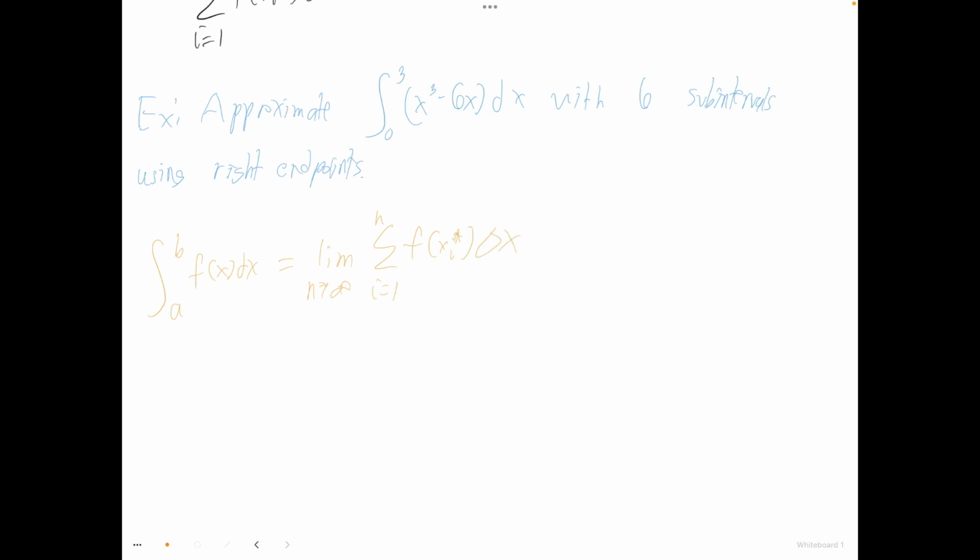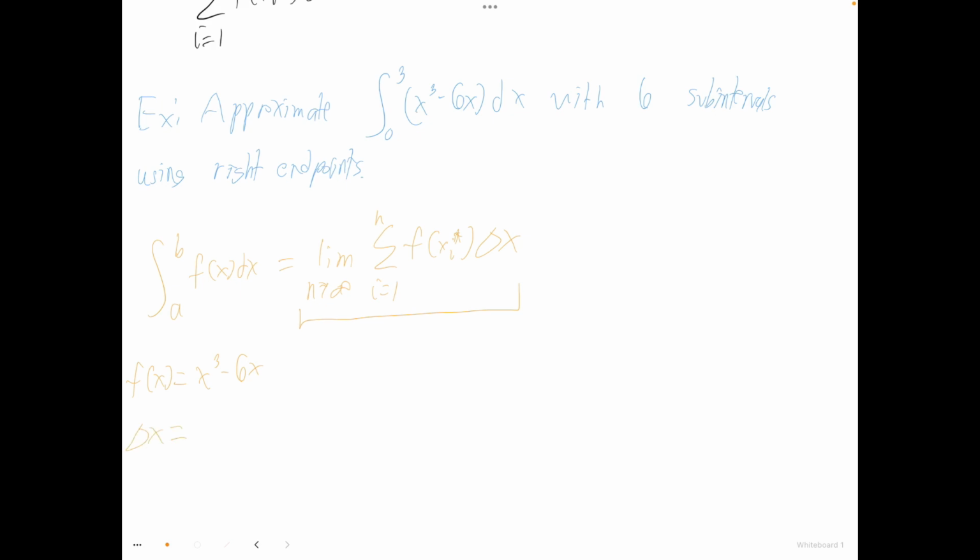And so we need to compute each of these pieces in this limit of the sum to get our Riemann sum. Well, the f of x is really easy. It's the thing we were taking the integral of. And so it's going to be x cubed minus 6x. It's the integrand. Now delta x, we've talked about this before.